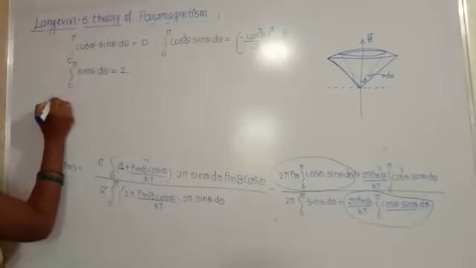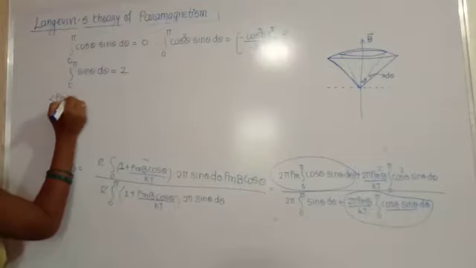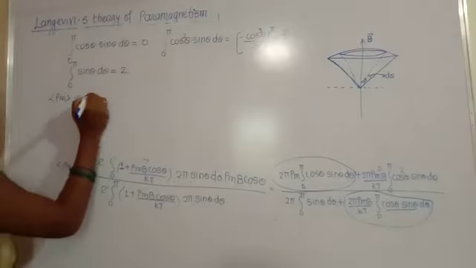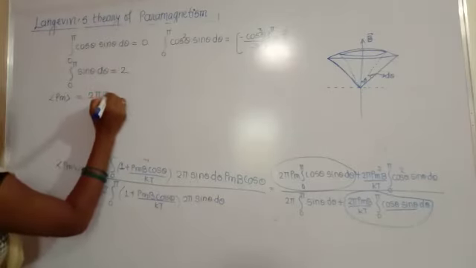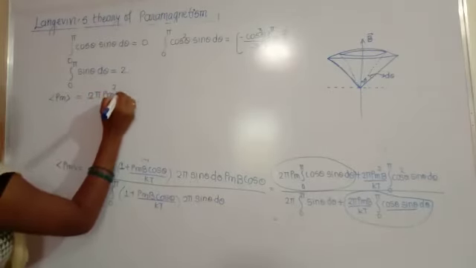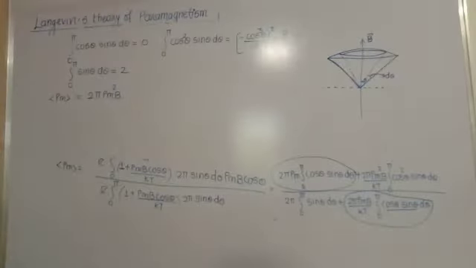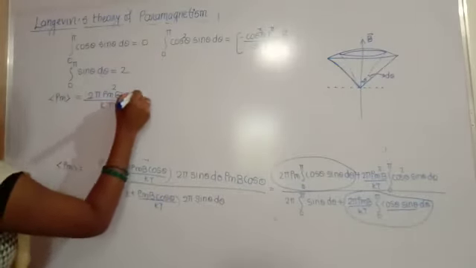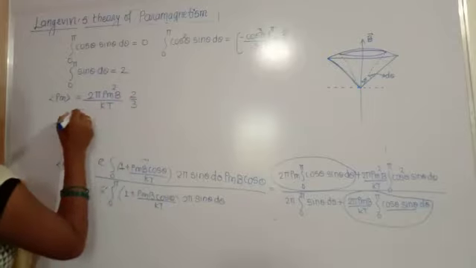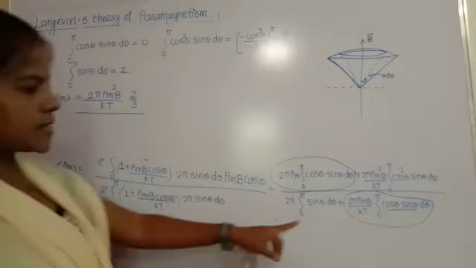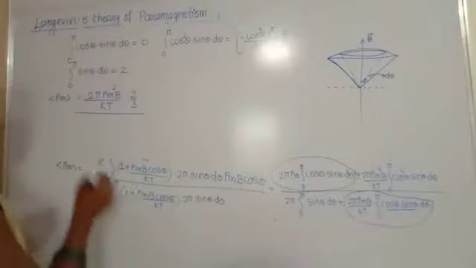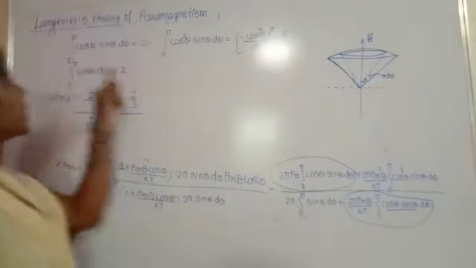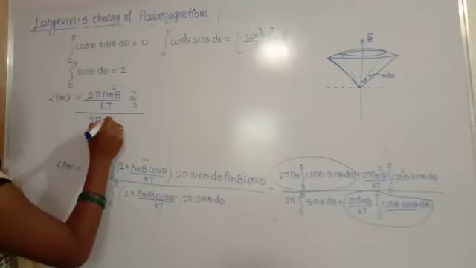So therefore this pm, the average magnetic moment, value is twice pi pm square b divided by kt into 2 by 3, and divided by twice pi, and this integration sin theta d theta is found to be 2 into 2.